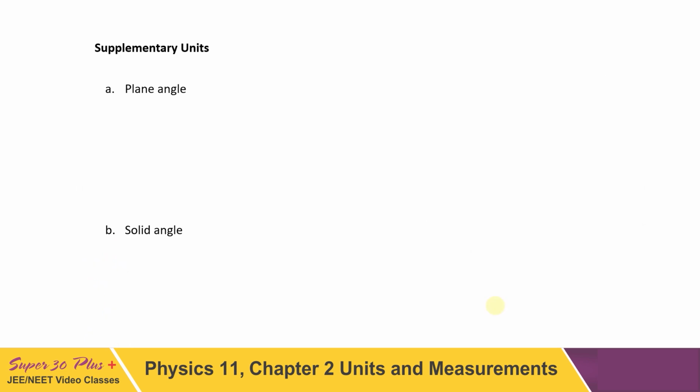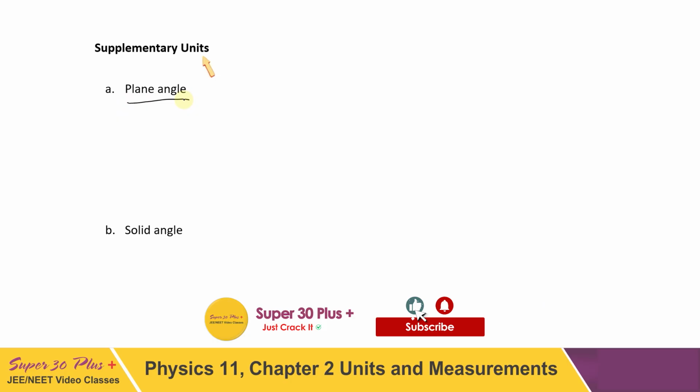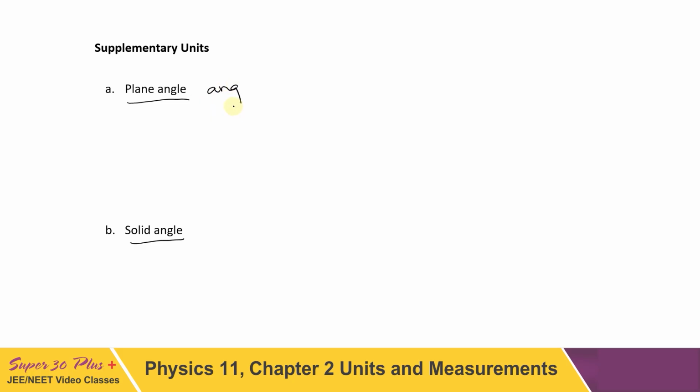Now other than these 7 fundamental units, 2 supplementary units are there. One is plane angle, other is solid angle. Now what is plane angle? Plane angle is angle made by a line element at a point.